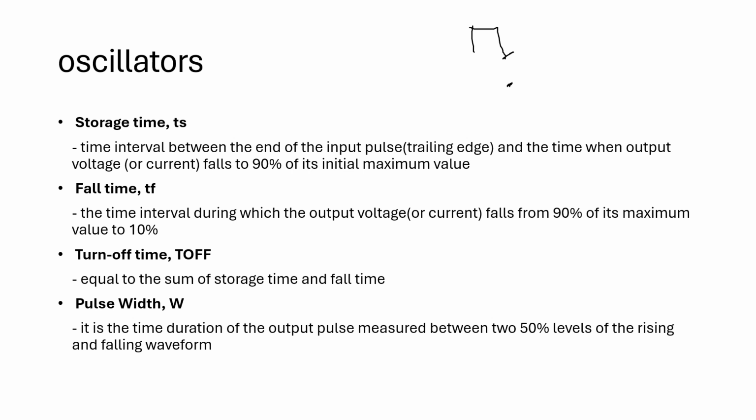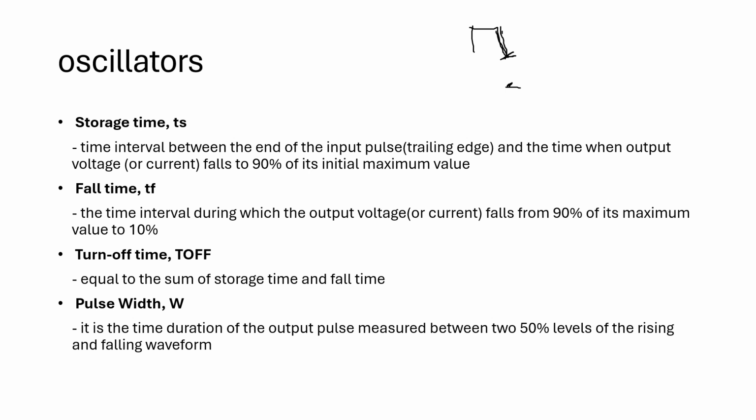Sometimes even though our input is already equal to 0, there is still a remaining output, and that is because of what we call the storage time. So this allows your output signal to fall to 90 percent of its initial maximum value. So that is still the storage time.